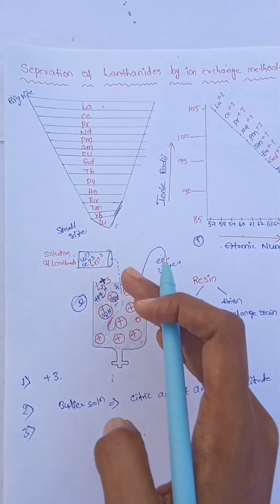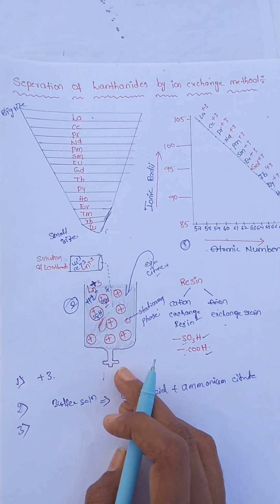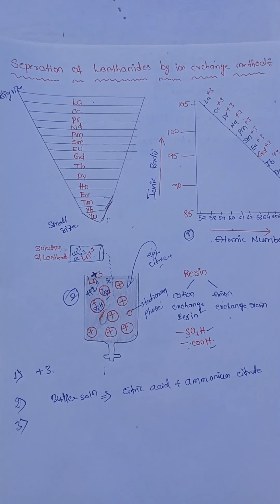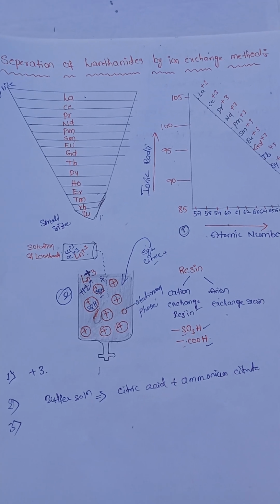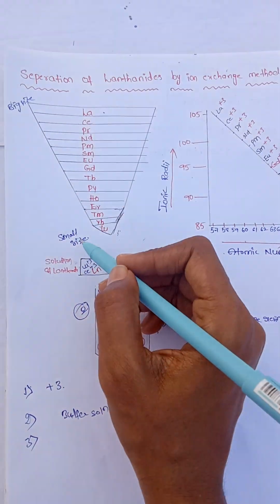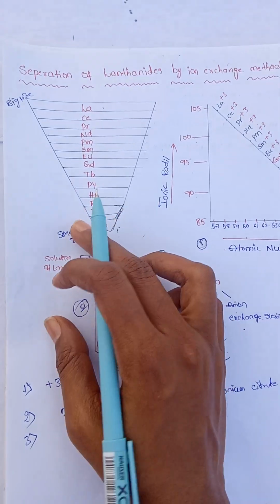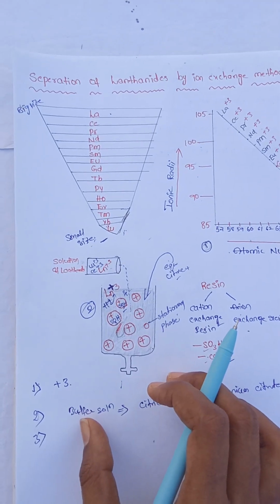So which one separates easily? Lutetium is separated easily from the column. Smaller ions show greater preference for complexing with the citrate solution, so those ions emerge first from the column.